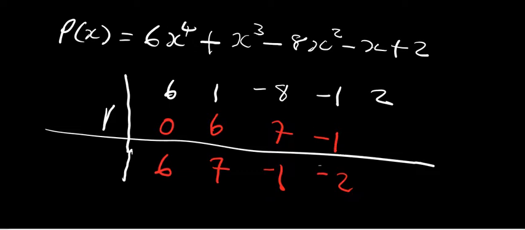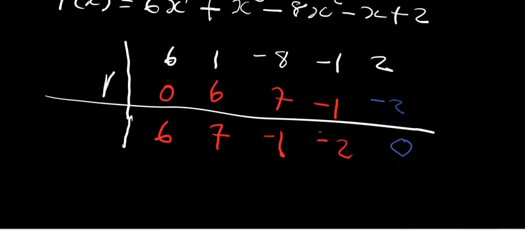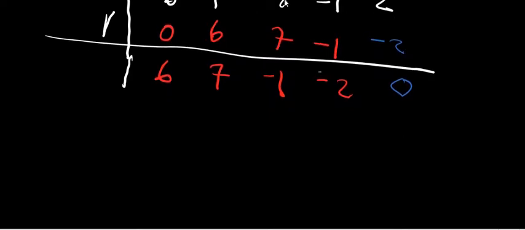So when you multiply, it's going to give you -2 there, and this guy is giving you a 0.